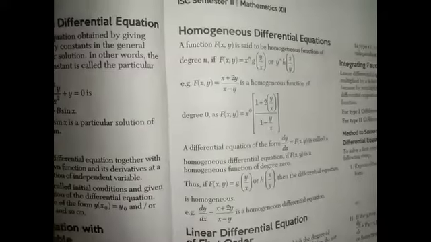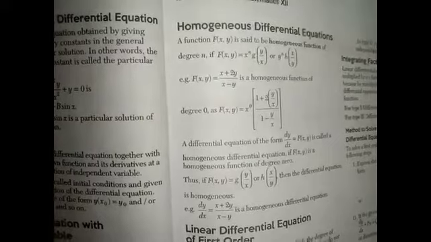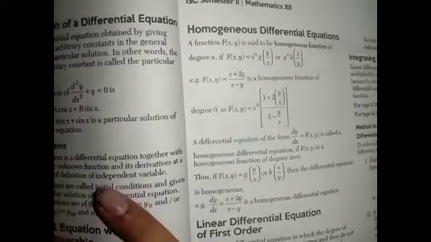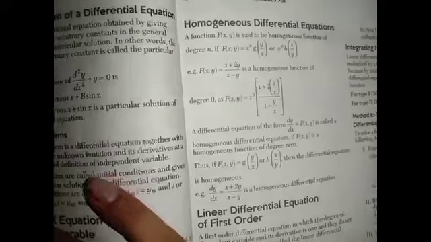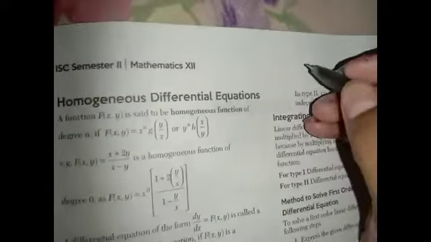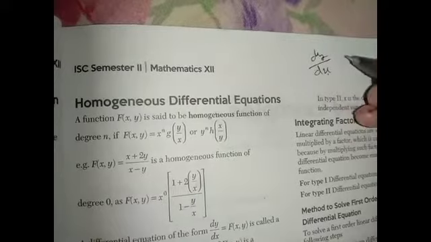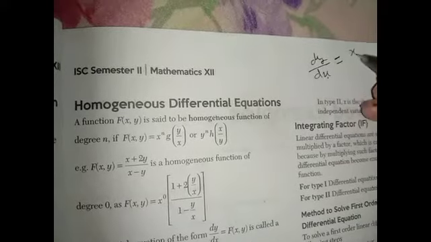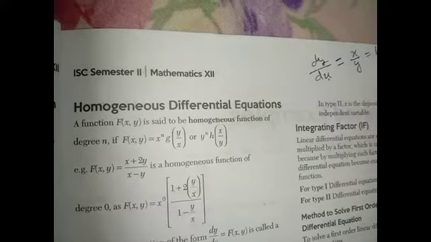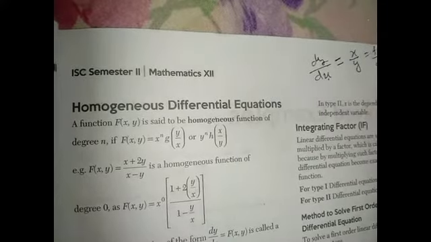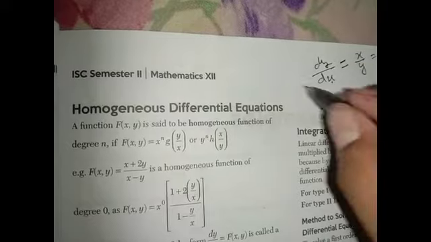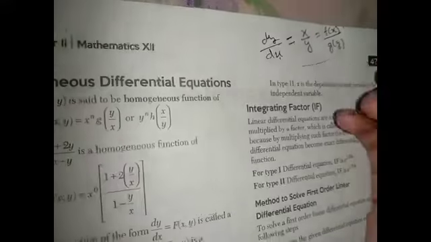Next is the homogeneous differential equation. In a homogeneous differential equation, x and y are written in divided form. Suppose it is written that dy over dx is equal to x upon y, or any function f(x) upon g(y), then this will be a homogeneous differential equation.